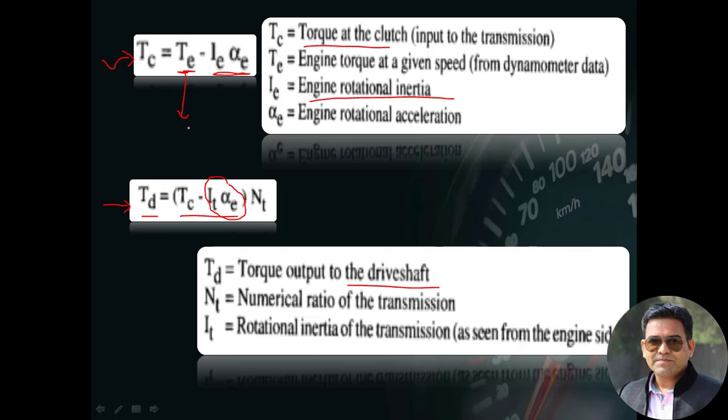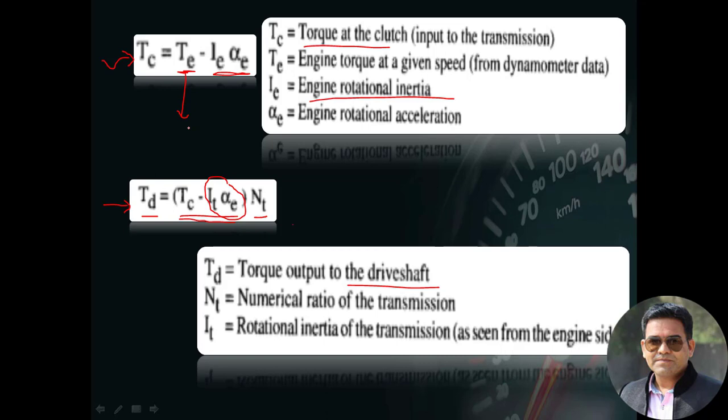Now this torque is amplified by the transmission box. We are very well aware of the construction of the transmission box. We are trying to increase the torque output, so we need to consider this amplification, and we do so by multiplying by the transmission ratio. Here NT indicates the transmission ratio.